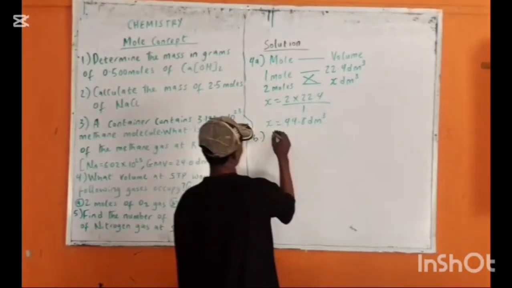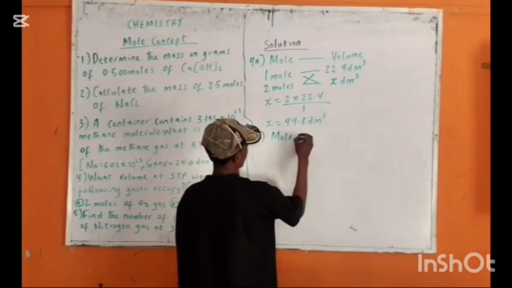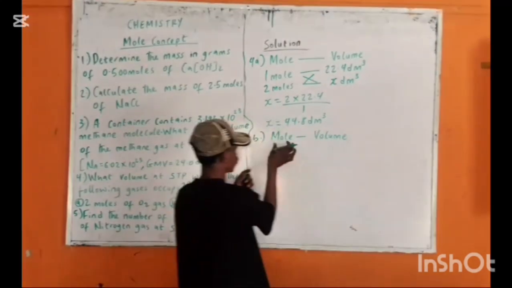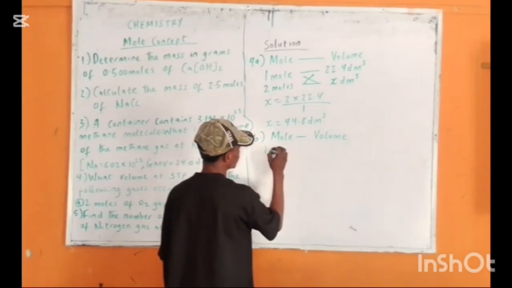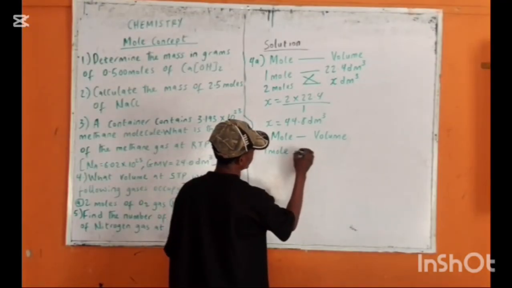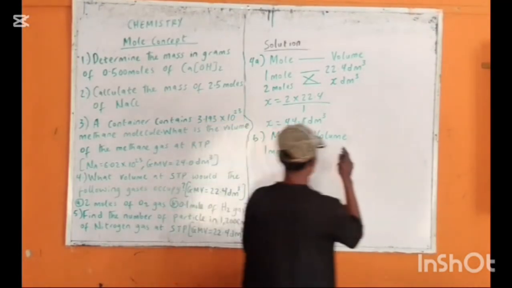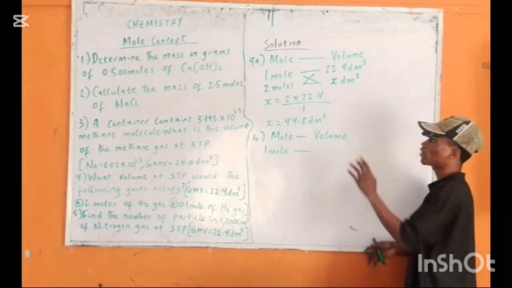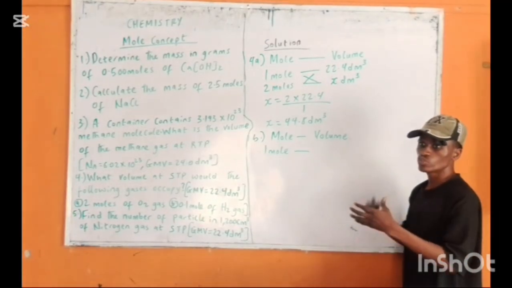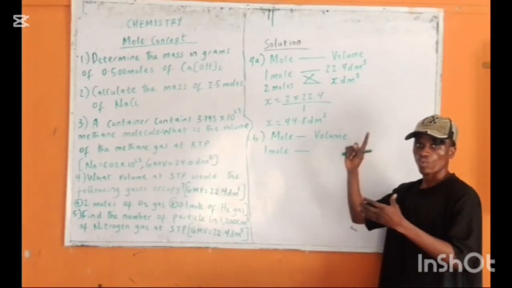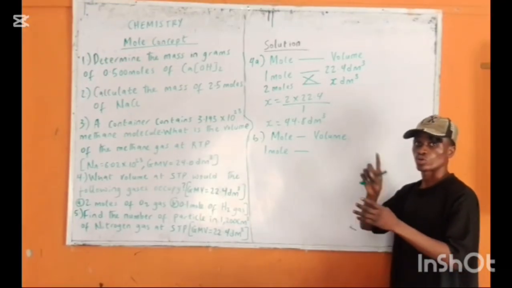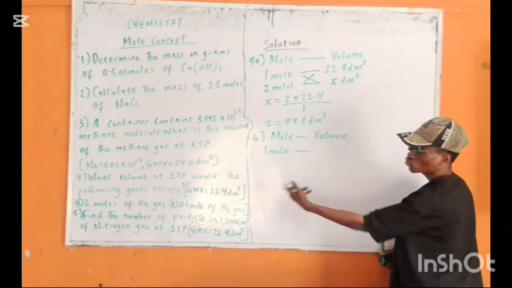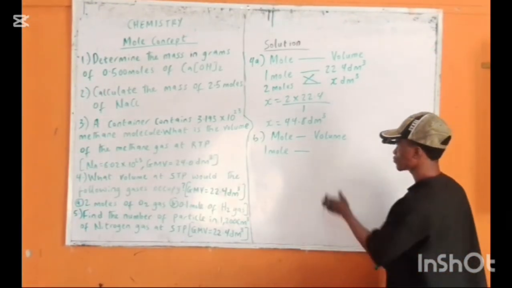4B now. We are also relating mole and volume. So mole, we are having 1 mole of any gas. Remember, everything I've been doing, I'm using 1 mole. So from there, I'll now solve my question.